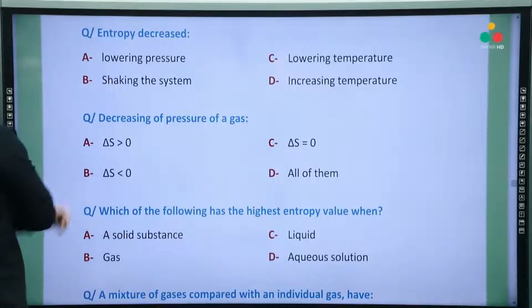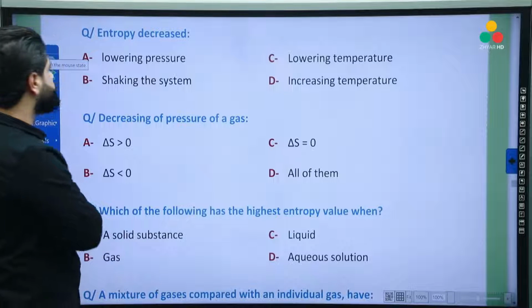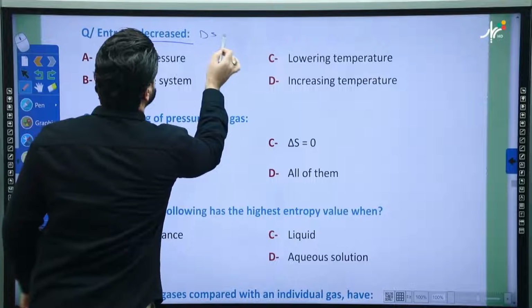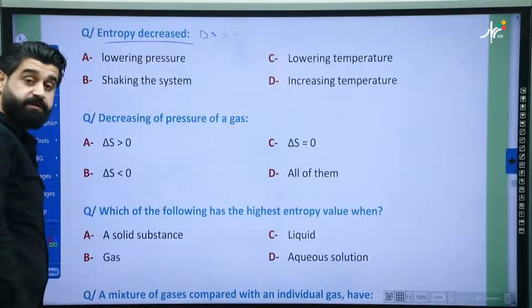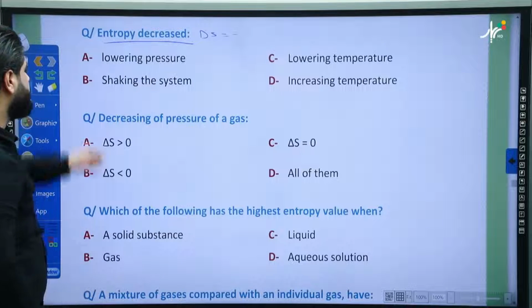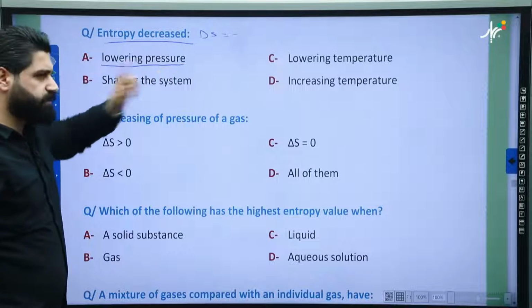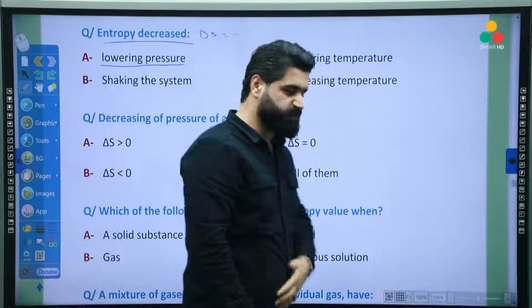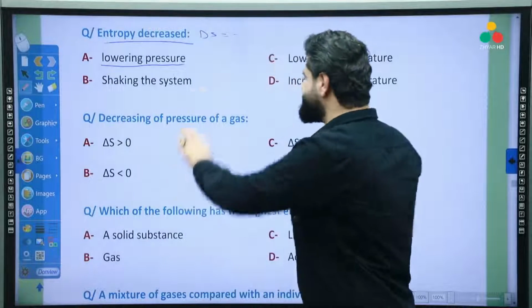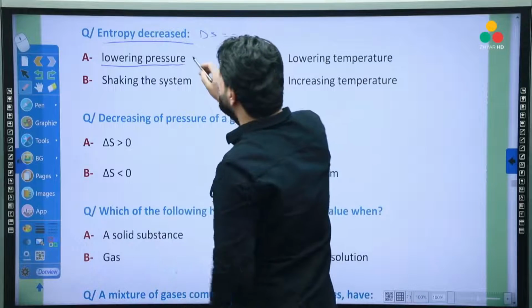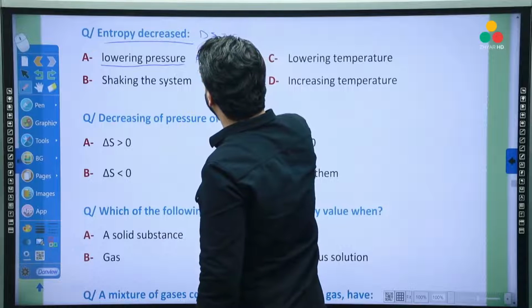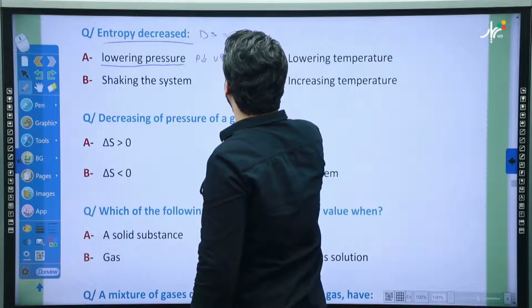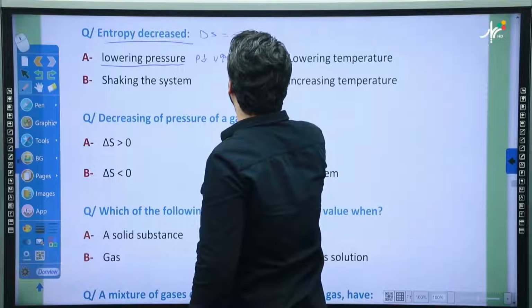Okay, now let's go through some questions. Entropy decreased, delta S is negative, decreasing randomness. Well, lowering pressure. I remember my lovely teacher, Mr. Höger, told me that if pressure decreases, volume will increase, then delta S will increase, so it will be positive.